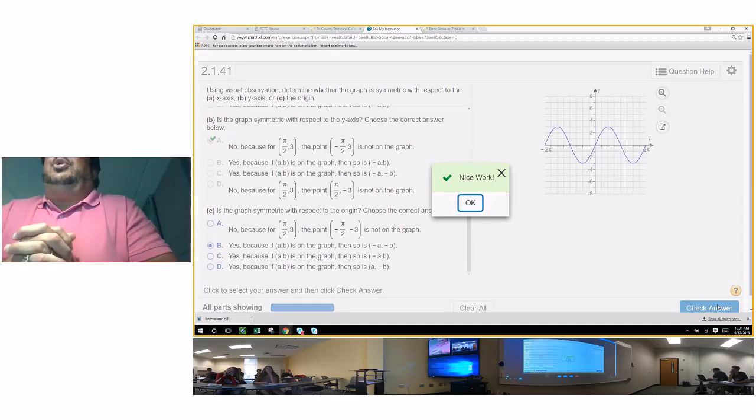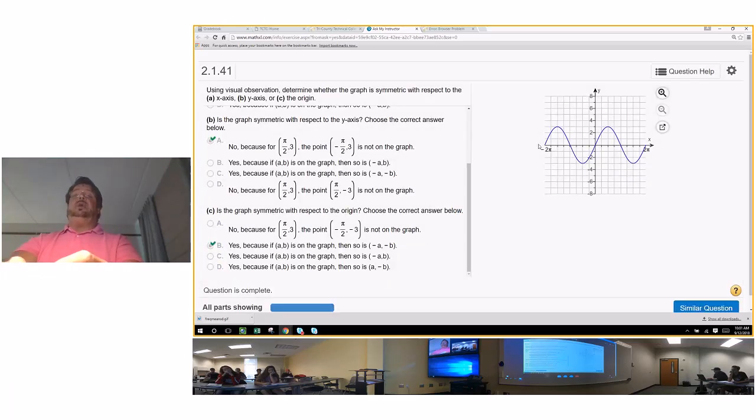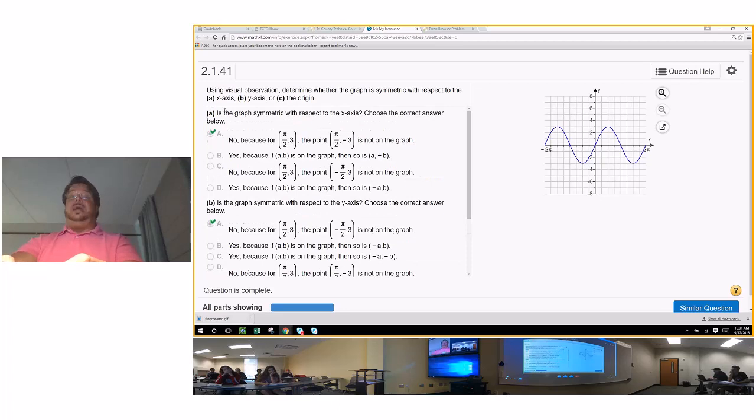So when you think of a question like this, and this is a good test question, it's not a perfect test question, but it's a good test question. You have to take each one step by what? Step by step, Hubert. Thank you, class. All right, you can't just say, well, is it symmetrical? No, you have to think around the x-axis, the y-axis, and the origin.